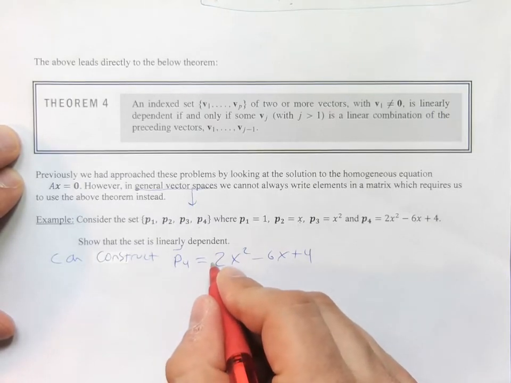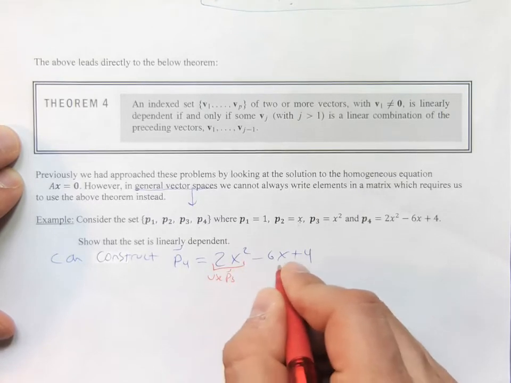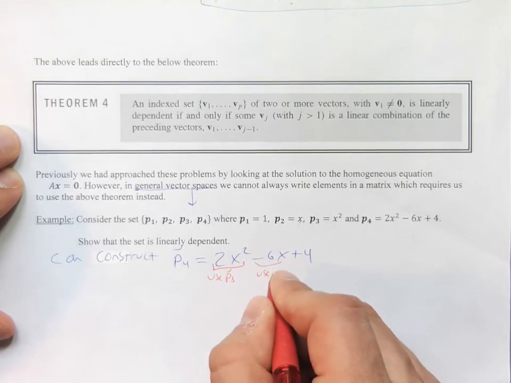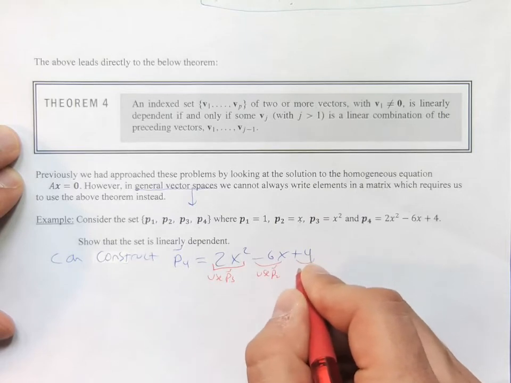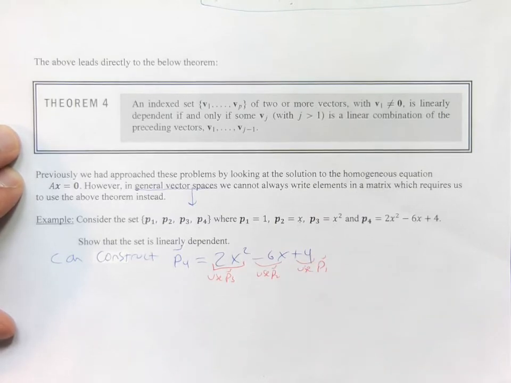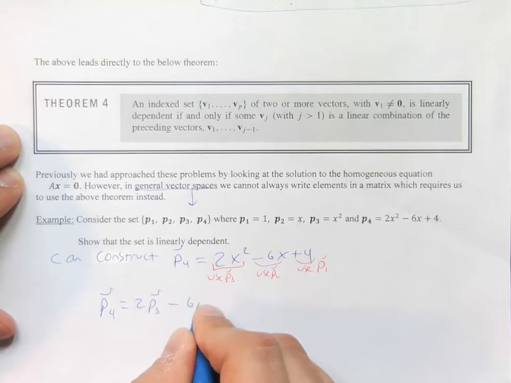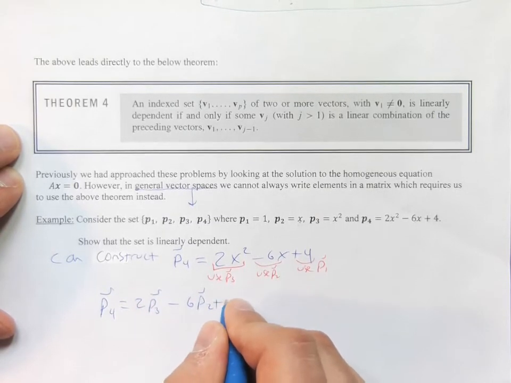For the 2x squared, we'd use p3. For the 6x part, we'd use p2. And for the 4, we could use p1. Specifically, p4 is 2p3 minus 6p2 plus 4p1.